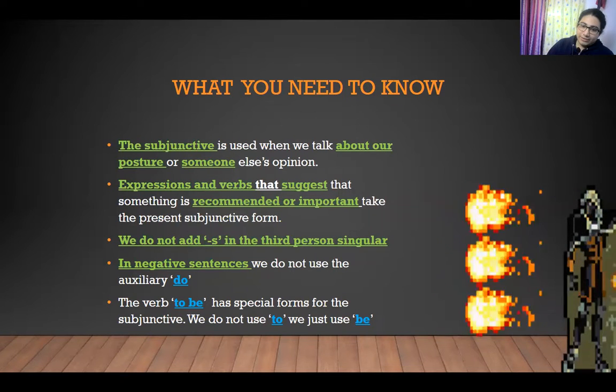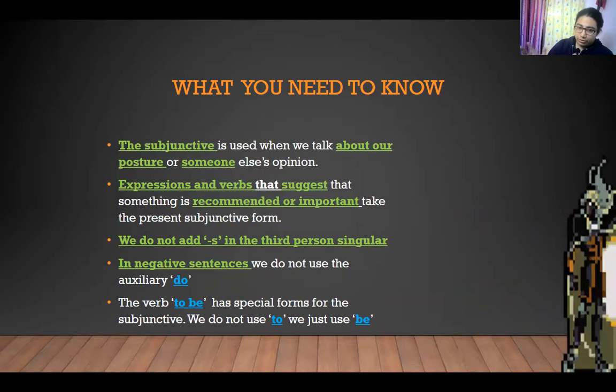In negative sentences, we do not use the auxiliary do. We just use not. Do not would be the full sentence, but we are not going to use do.